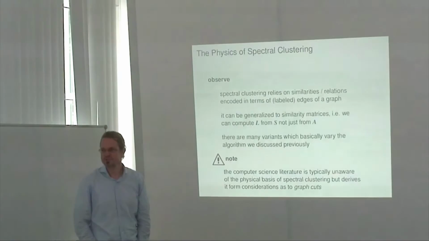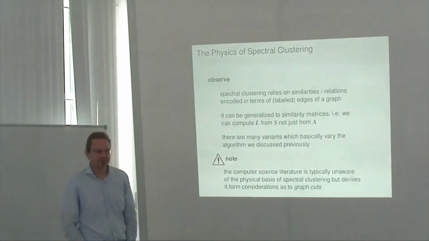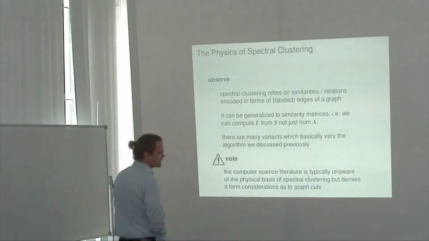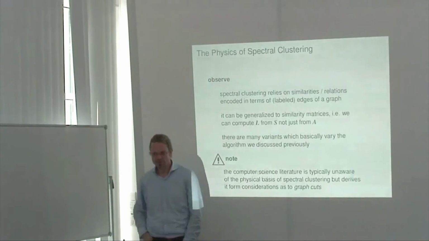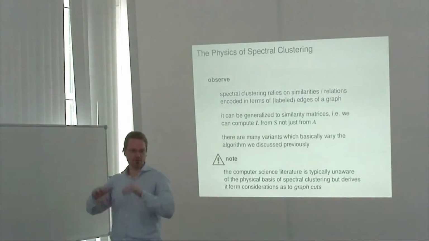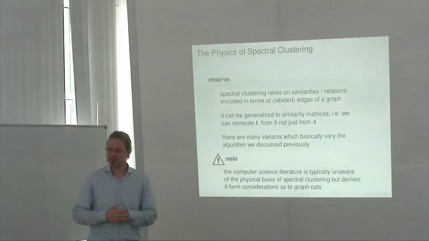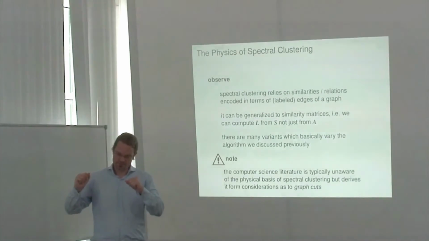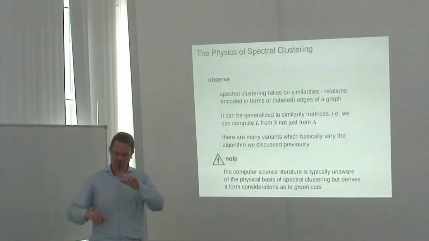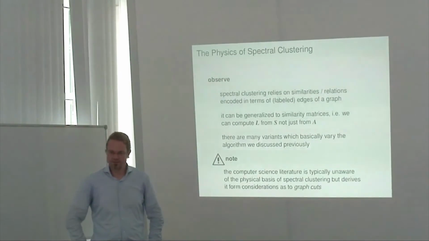We now understand that the eigenvectors of the graph Laplacian correspond to standing waves on a graph. And that's basically it. And it says that if you look at waves on a discrete structure, then similar vertices of that structure should have similar behavior.